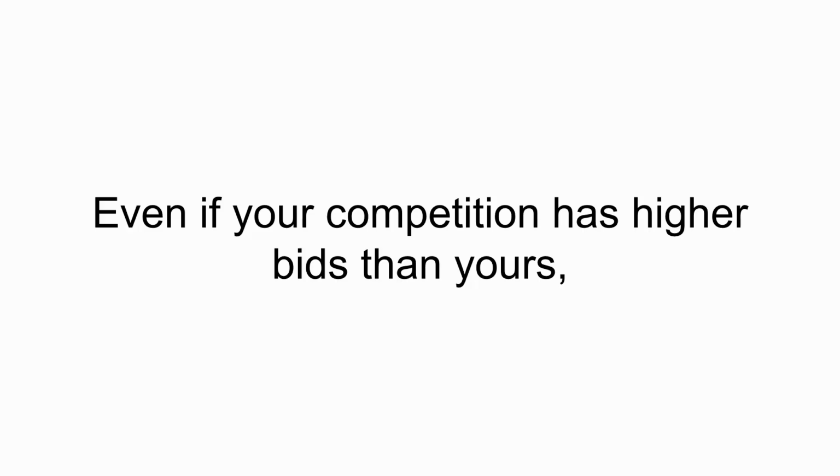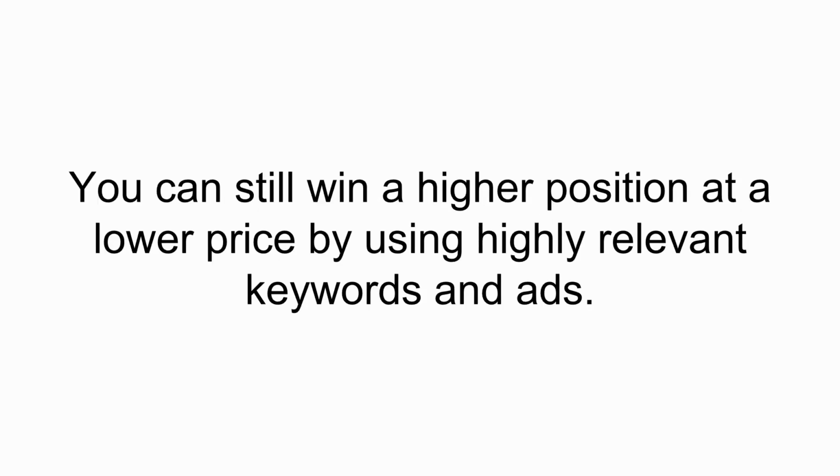We saw a ton of other factors that go into your ad rank. So even if they have higher bids, you can still win a higher position at a lower price by using highly relevant keywords and ads. So Google is telling us right here that it's not just about the bid. There's a lot more that goes into it.